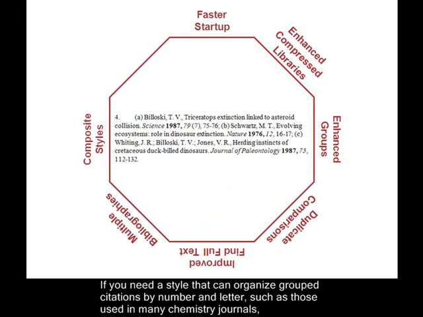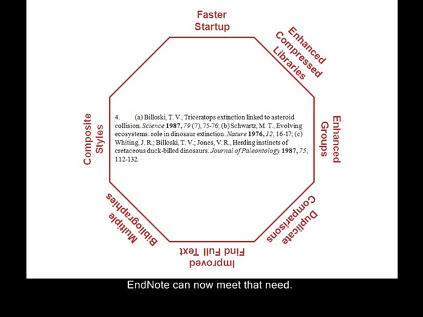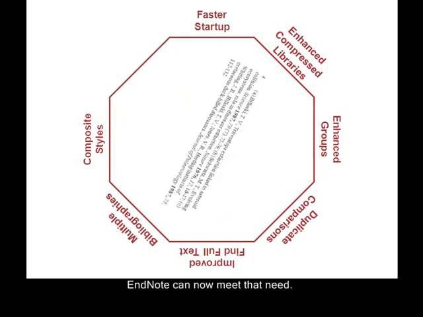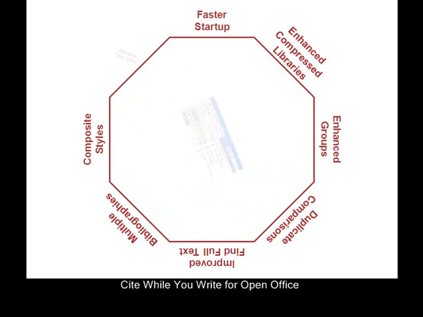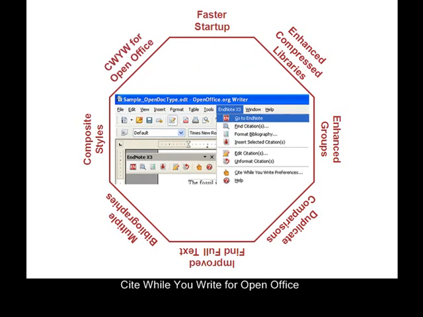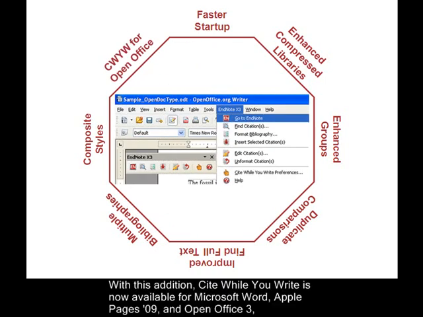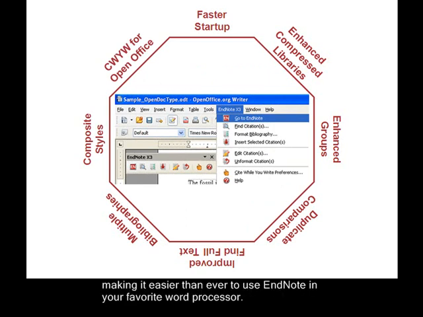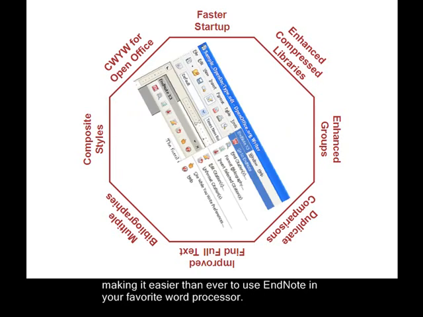If you need a style that can organize grouped citations by number and letter, such as those used in many chemistry journals, EndNote can now meet that need. Cite While You Write for OpenOffice. With this addition, Cite While You Write is now available for Microsoft Word, Apple Pages 09, and OpenOffice 3, making it easier than ever to use EndNote in your favorite word processor.